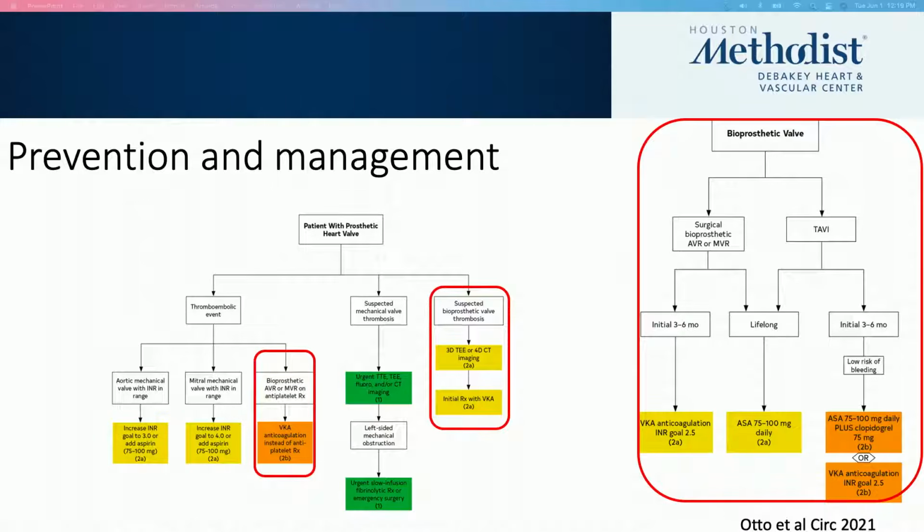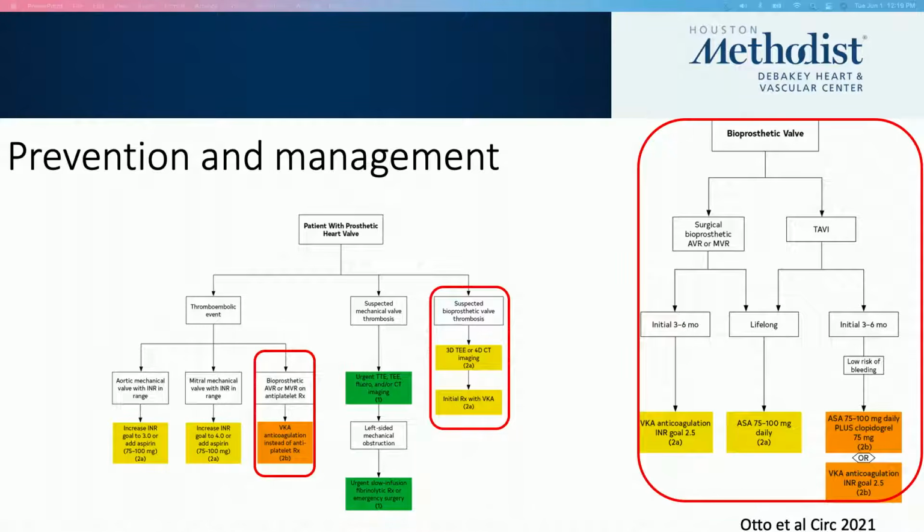And if bioprosthetic valve thrombosis is suspected, then they should be started on anticoagulation with a vitamin K antagonist. That's a class 2A recommendation. For patients who have a bioprosthetic AVR or MVR dysfunction, they should be on a vitamin K antagonist as a 2B recommendation.